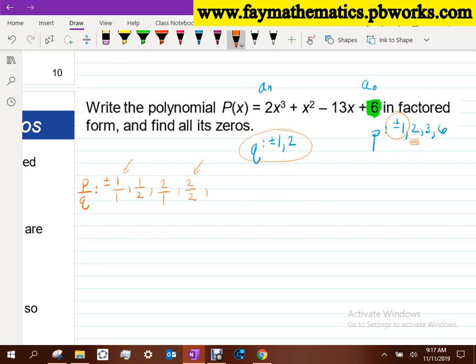So we'll mention that here in a little bit. Then I'm going to take the third P value, which is 3. And I'll put it over 1. And then put it over 2. And then I'll take my last one of 6 and put it over 1. And put it over 2.